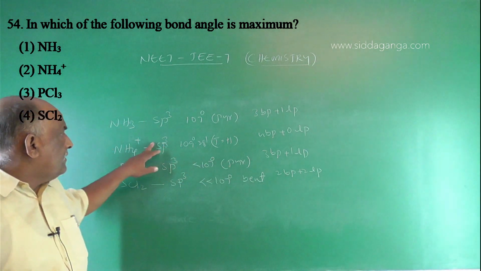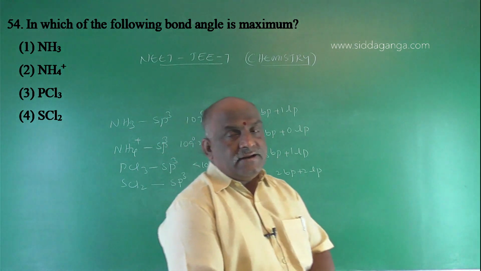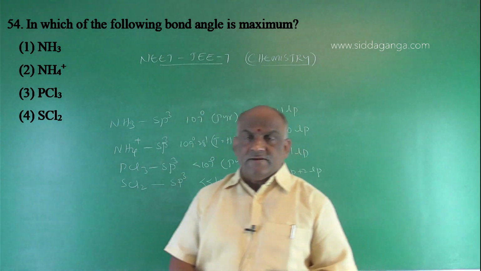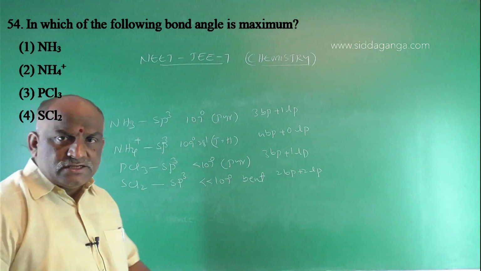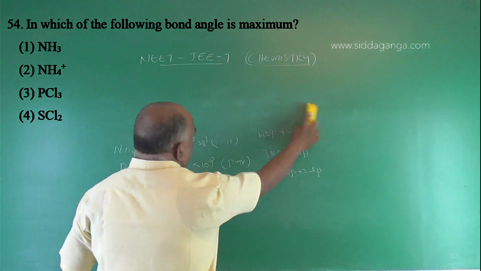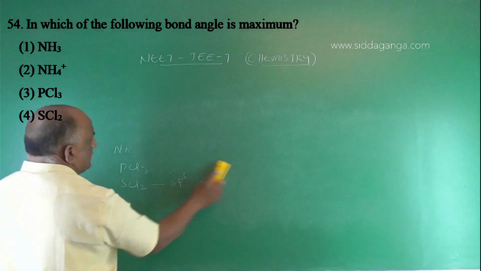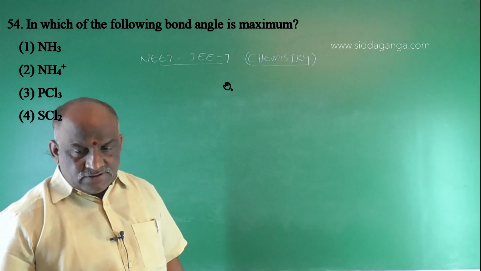Here only NH4 plus is the right answer. NH4 plus has tetrahedral geometry and the bond angle is nearly 109 degrees 28 minutes. This is also a conceptual question regarding hybridizations. So the second option is right, NH4 plus is the right answer for this question.